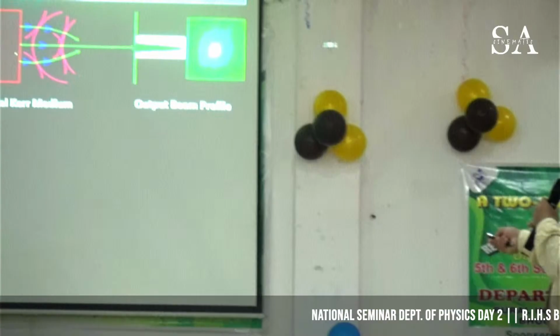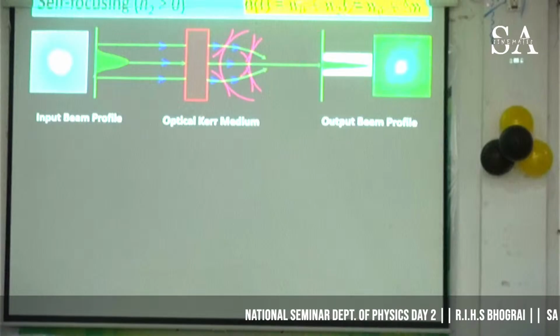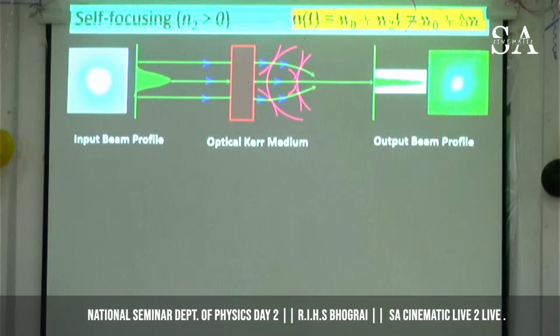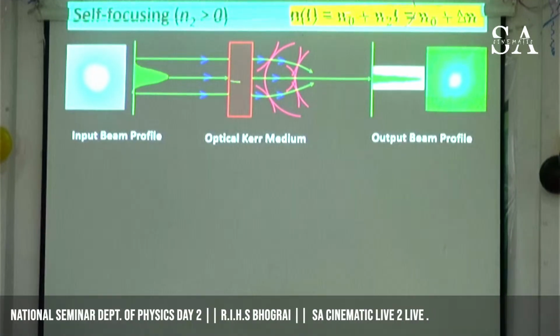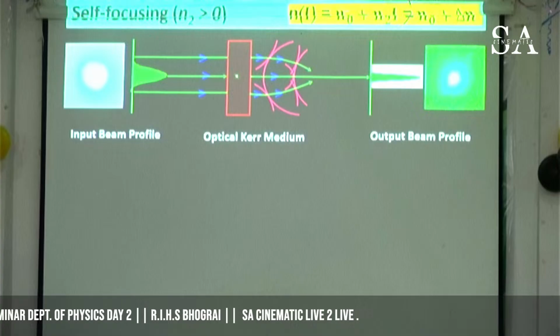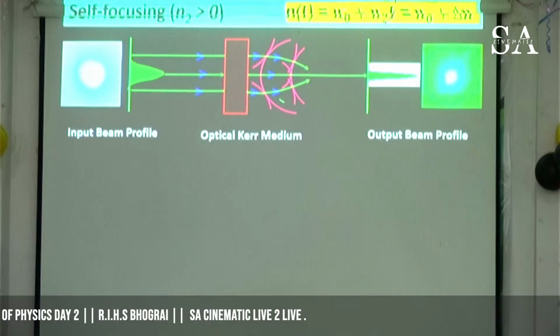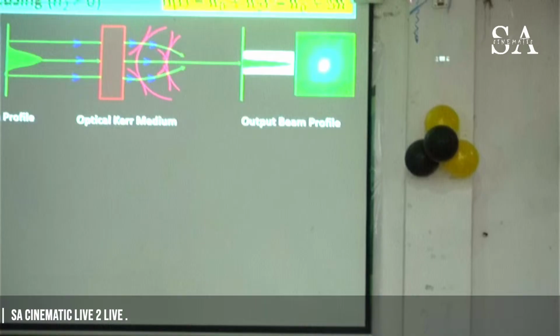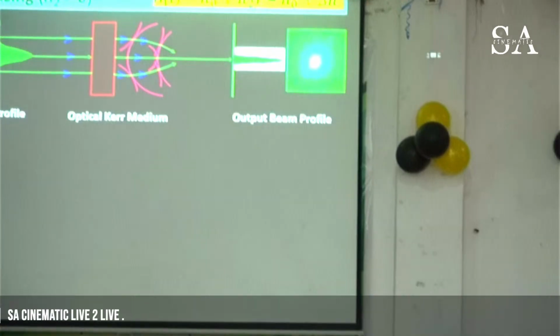So when the wave fronts are traveling inside the medium, they will try to converge, because at the center the wave front will travel slower and here it is faster. Therefore it will converge. So this much beam diameter now converges to a very tiny spot, and this principle is called self-focusing.